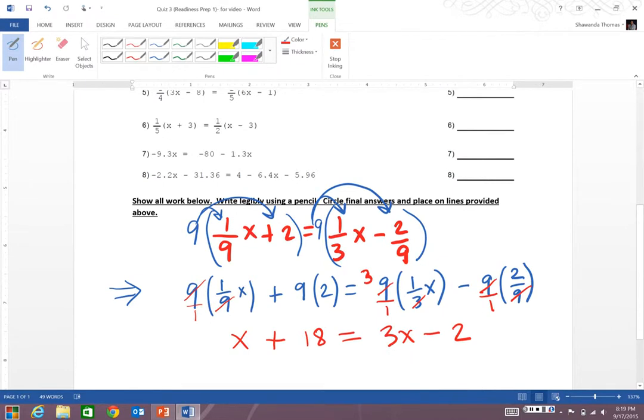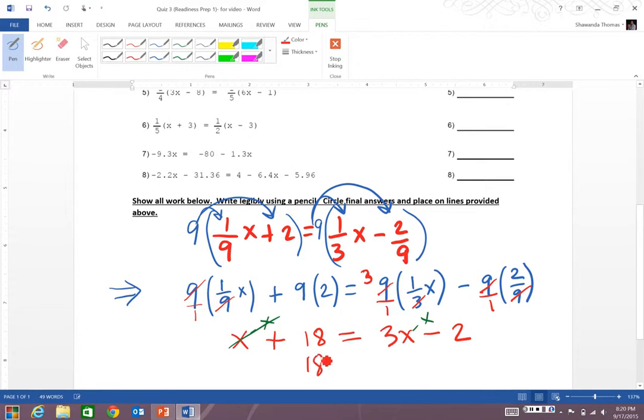Now what I'm going to do, I'm going to get my x's together first. I'm going to subtract x because if I subtract x, I get a positive 2x over here on the right side versus subtracting 3x and getting a negative. Then I'll have to have an extra step that I'm avoiding by going ahead and subtracting x from both sides. X minus x cancels out.